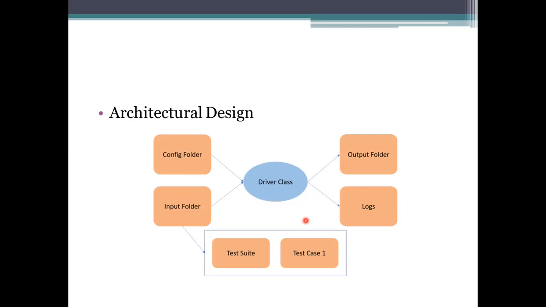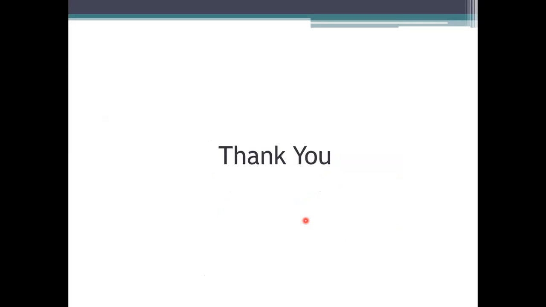And the other thing is, we need to provide access to the multiple files used for that processing. So that's about the testing frameworks. The commonly used five are linear, modular, data driven, keyword driven, and then the last one, which is a combination of the last two, hybrid driven.